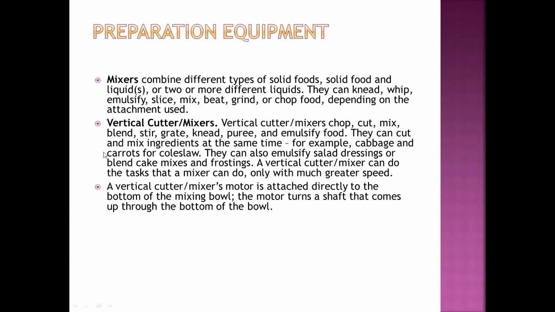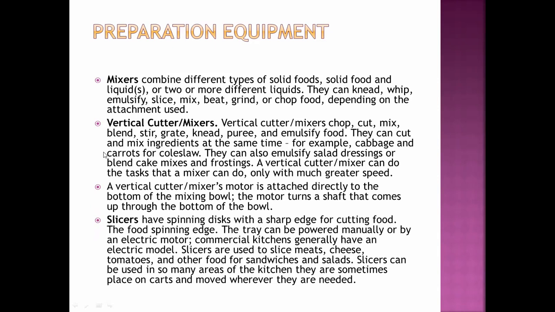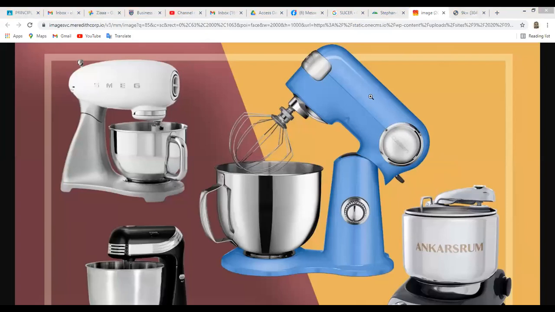So before proceeding to slicer, let's find out ano ba ang mixer. So let's search a bit. In the picture, we could see different types of mixer used in the food service industry. So ito yung mixers, basically.